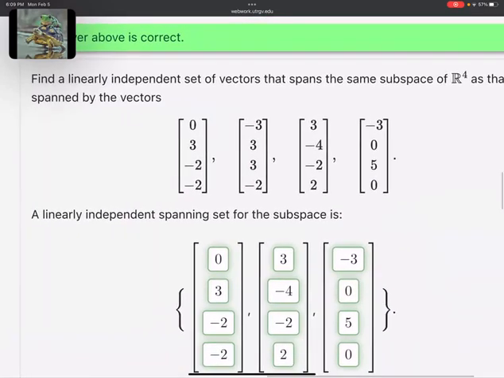If I choose 1 for U1 and 1 for U4, I will obtain U2. Because 0 plus minus 3 is minus 3. 3 plus 0 is 3. Minus 2 plus 5 is 3. And minus 2 plus 0 is minus 2.